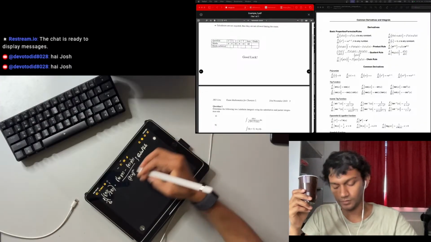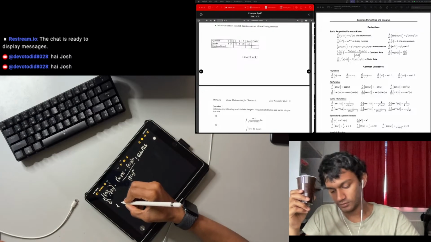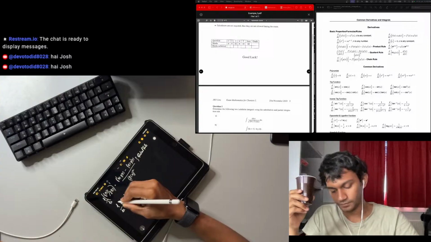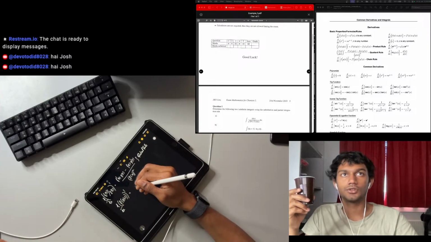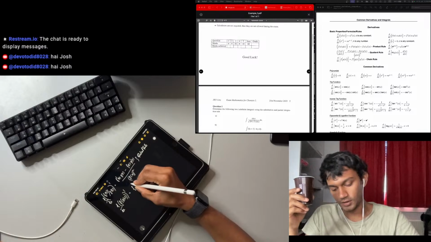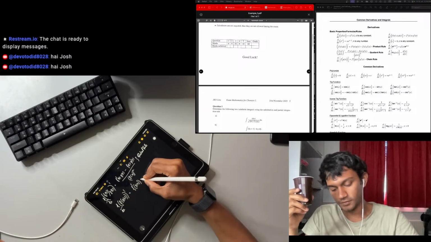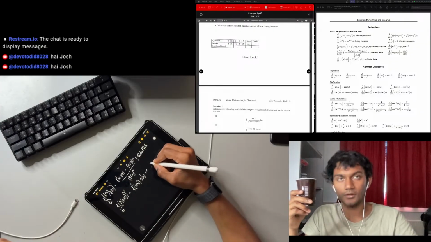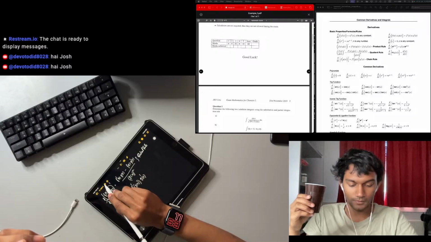Chain rule. What's chain? Like the chain worn by, I don't know. d of x, f dash g of x, integral of f with the g of x times g dash of x plus c. There's no c? Okay, let's forget about the c.